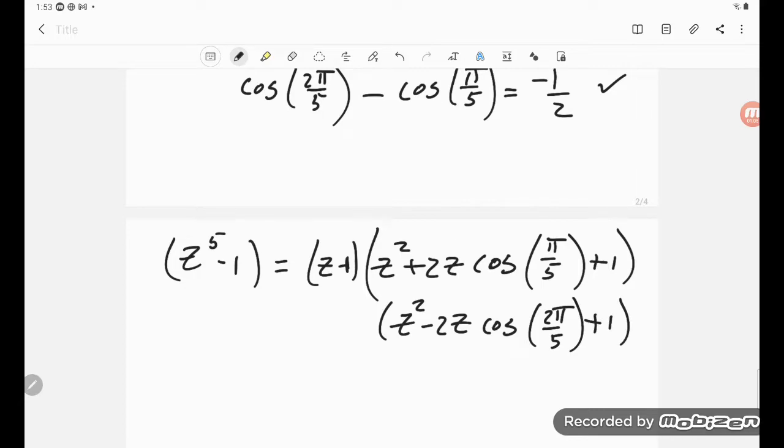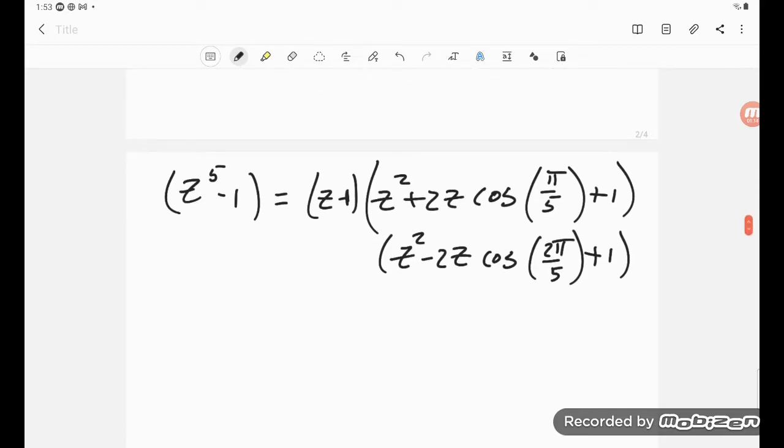Now, the real key is showing that these last two factors above this line multiply together to be z to the fourth plus z cubed plus z squared plus z plus 1.